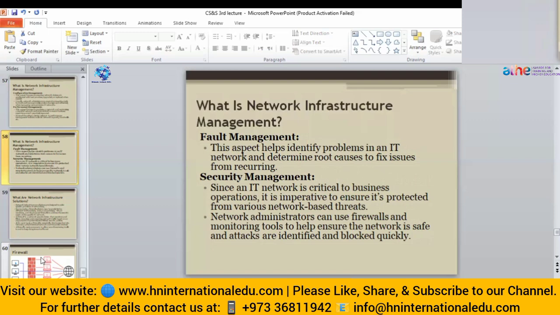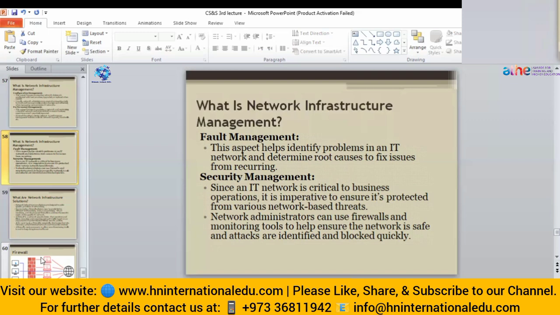Security management: as we know, the data is our personal data and we have to make it secure. So for that purpose, we have to do security management. We only have to authorize the persons that are inside our organization. No unauthorized person will be allowed to use that network, so our data must be secure.